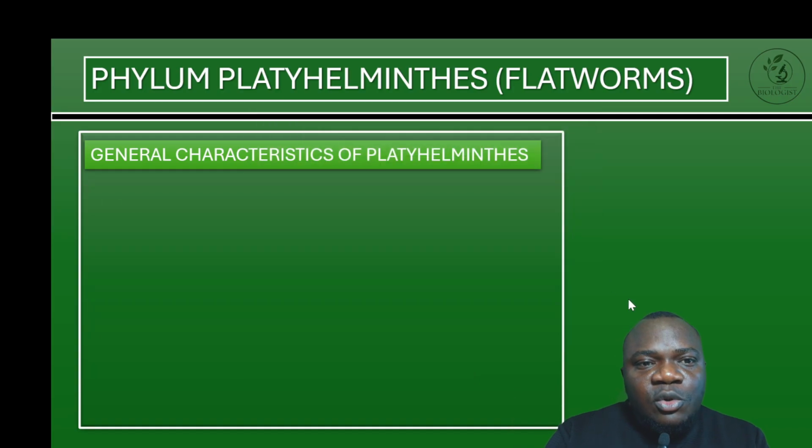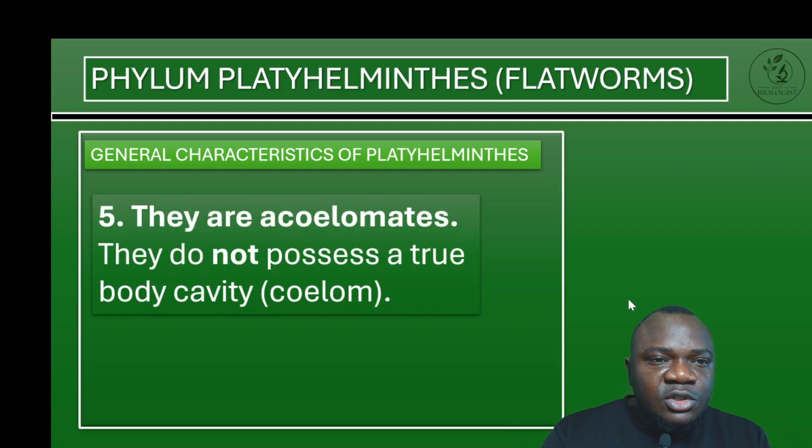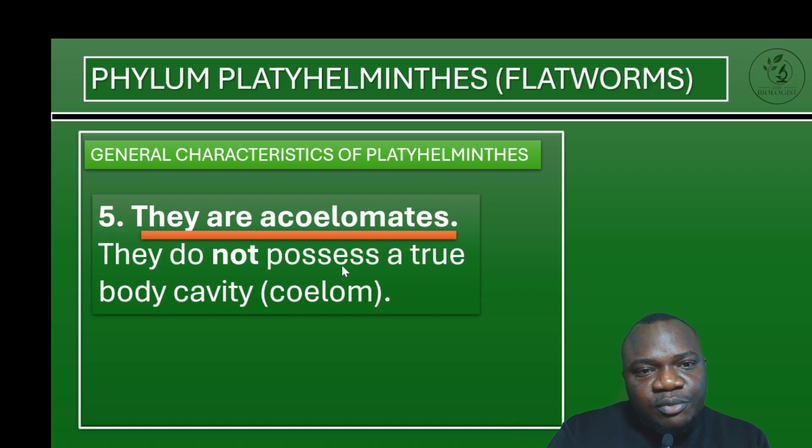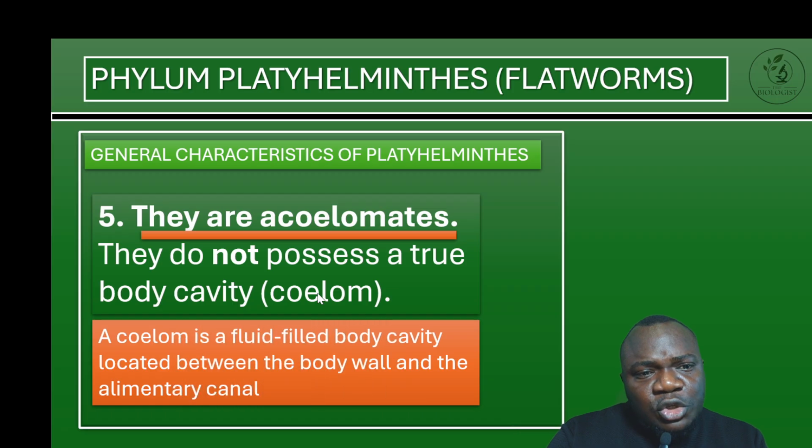All right. So the next one here we need to know is that they are acoelomates. Some organisms contain a coelom, but they are acoelomate because they don't contain a coelom. So what coelom actually means is a fluid-filled body cavity located between the body wall and the alimentary canal.